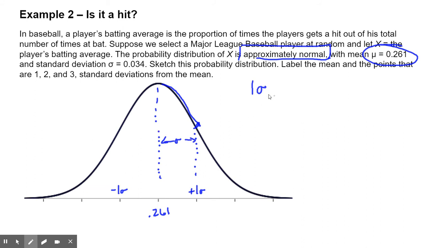So to find these two points, I'm simply going to take my mean of 0.261, and I'm going to add and subtract the standard deviation of 0.034. When I do this, and I'll just use a simple calculator, 0.261 minus 0.034, I get 0.227.